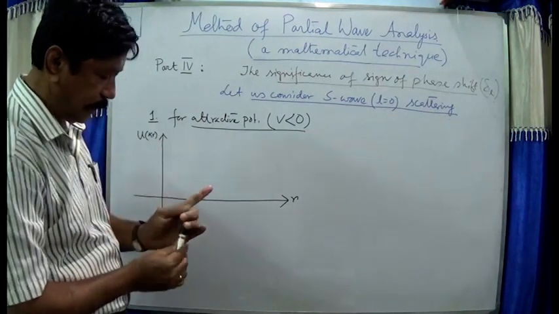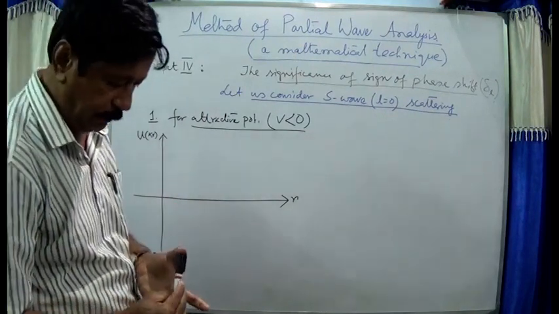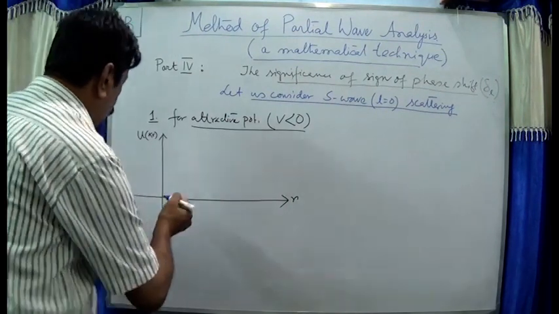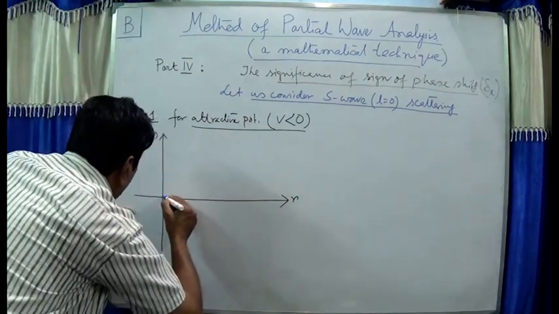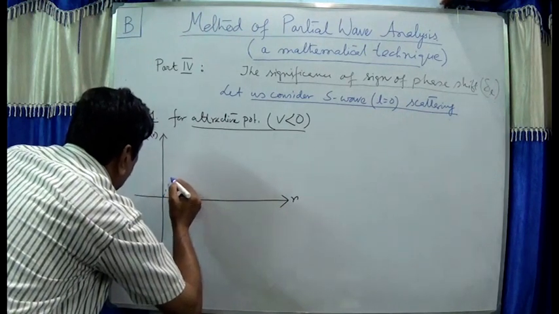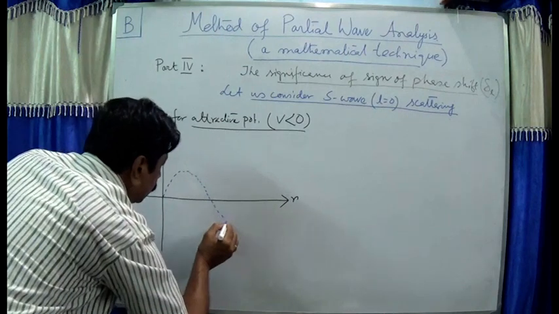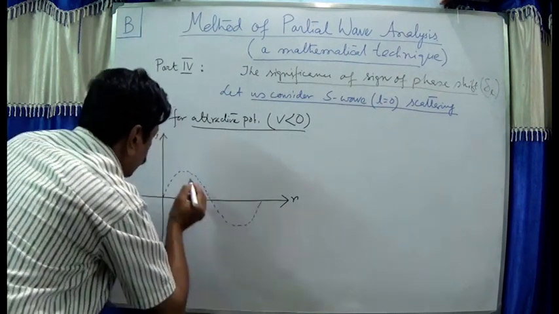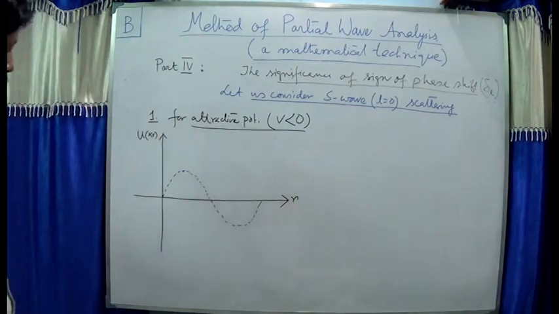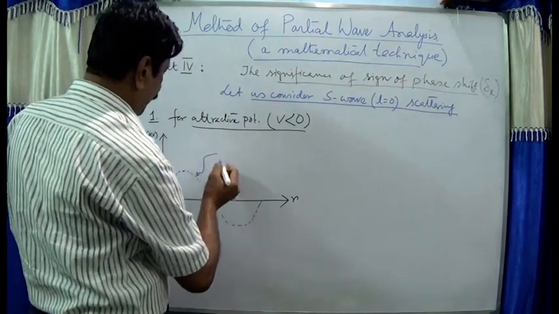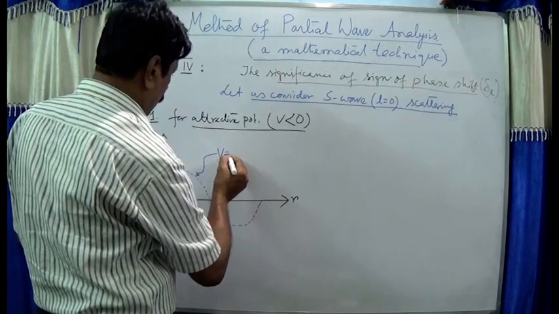Now if there is no potential, then we can write, say it is the sine wave. So this is the case for V equal to 0.